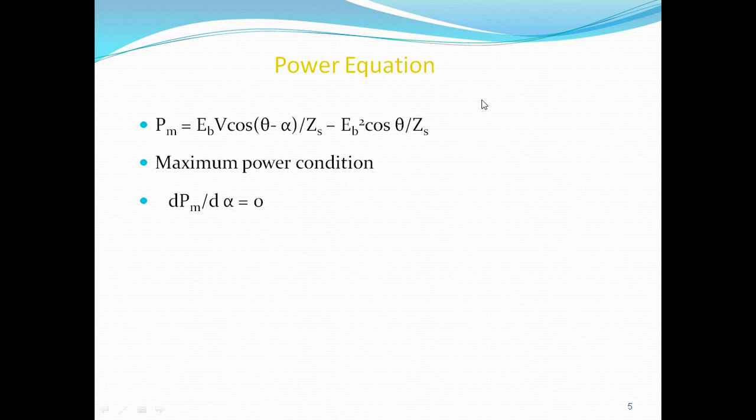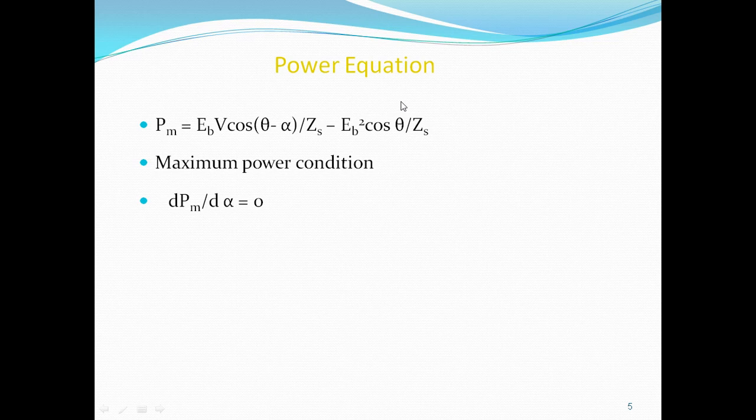Here in this equation, alpha is the variable. Why? Just now I told you, when the load changes, the alpha value changes so that it will meet the load value. So dPm by d alpha is equal to 0. In this equation, the variable is alpha, because V is constant, Eb is constant, theta, the internal angle, is constant, and Zs is constant.